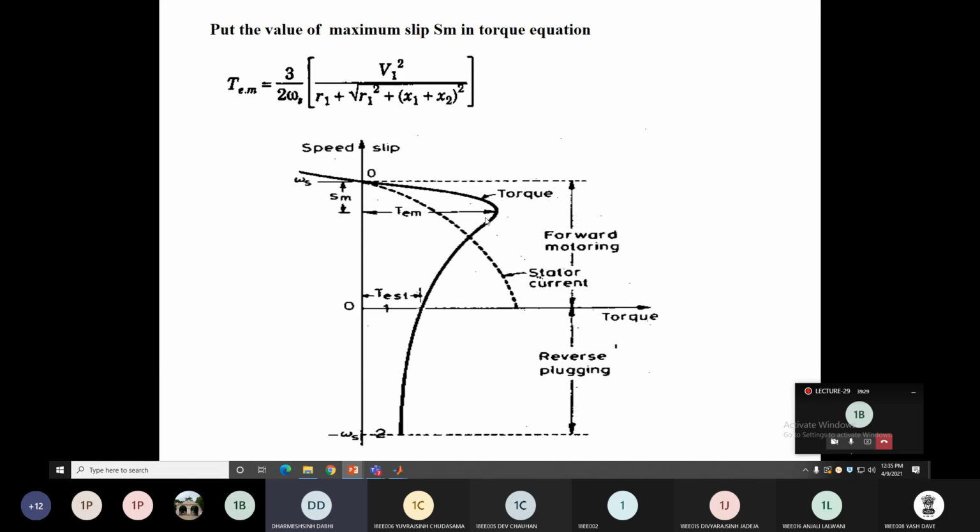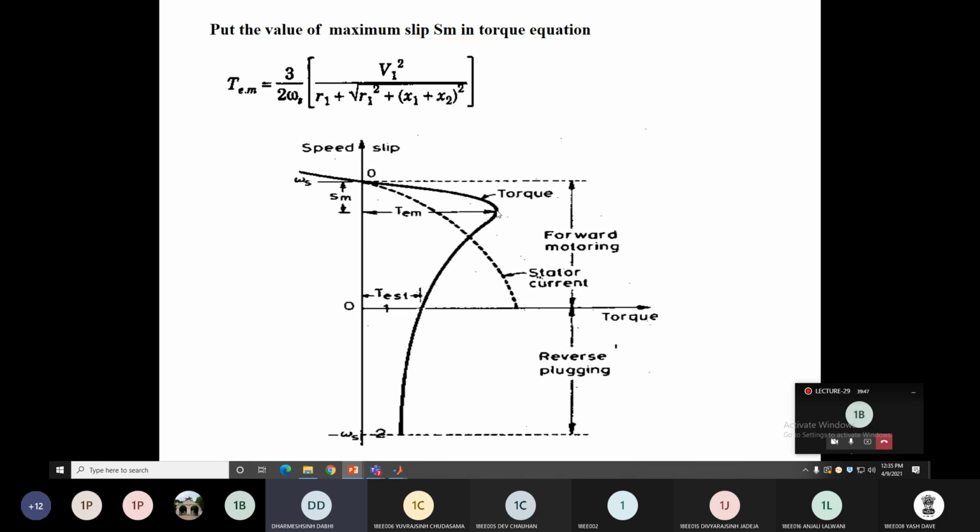At this point the slip is called Sm, where the maximum torque happens.